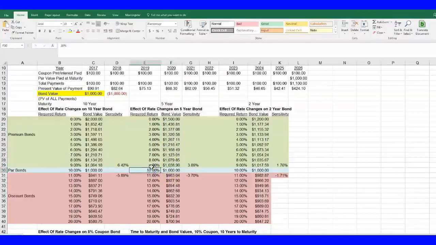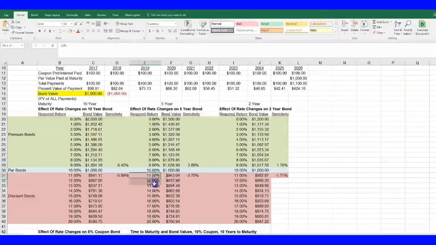However, that same 1% decrease in required returns from 10% to 9% that caused a 6% increase in the value of the 10-year bond only causes a 3.89% increase in the value of the 5-year bond.